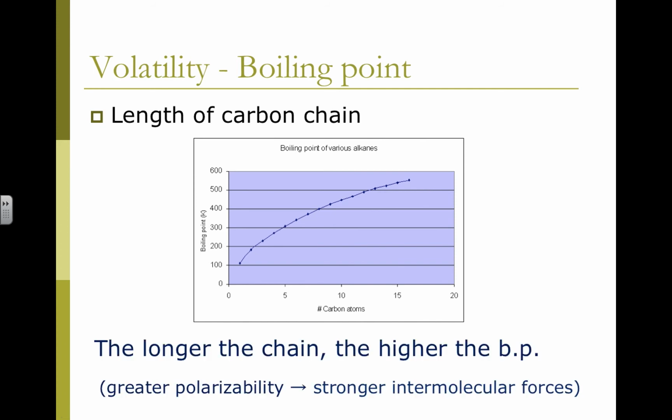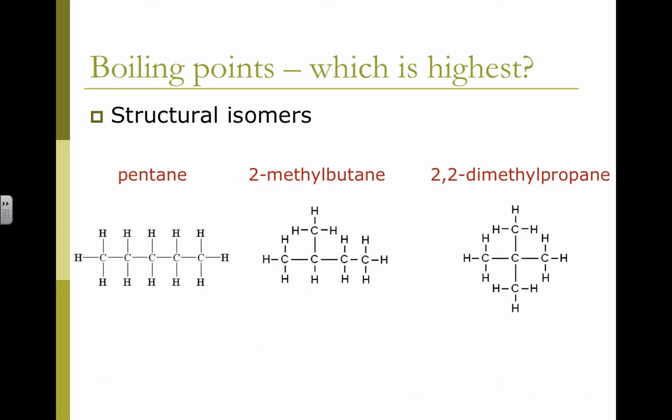And then we already said this, but the branching. More branching equals less intermolecular force, which means lower boiling points. And so then you have a little summary chart at the bottom of that page. We're going to show you some trends and some patterns with this as we go through this, but you need to think through who's polar, who's not.